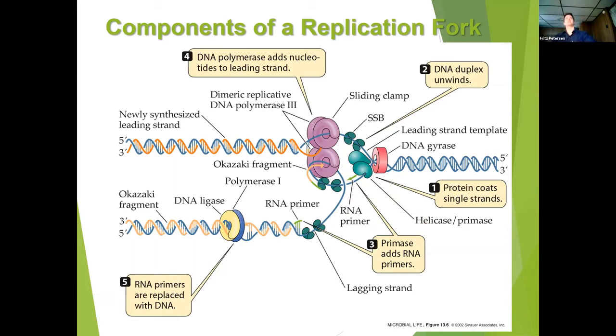It's an enzyme. In biology, most of the time when a word ends in -ase, it's an enzyme, so that's just a little tip for you. Helicase acts as a zipper that unzips and separates the parental DNA strands.